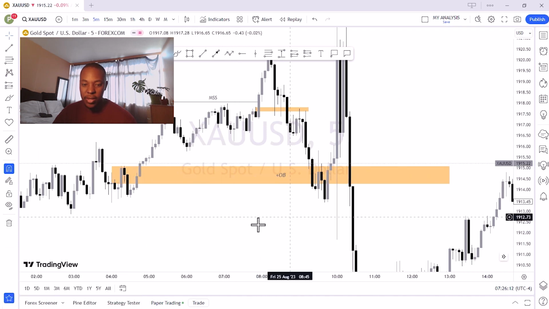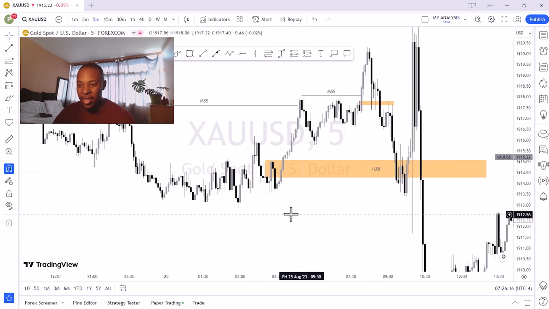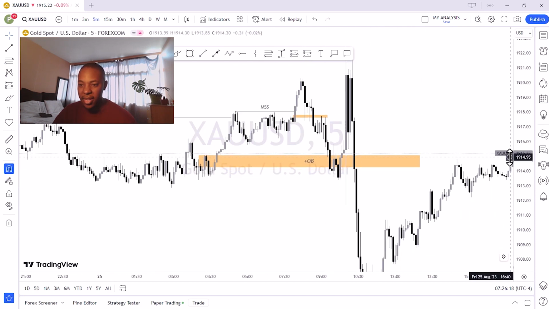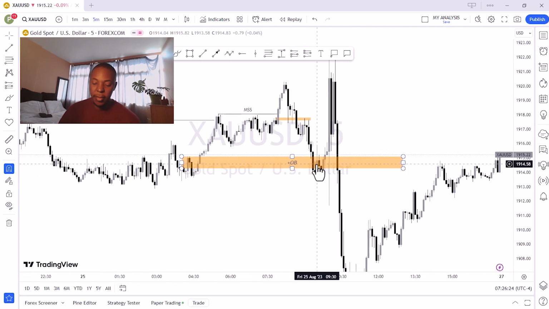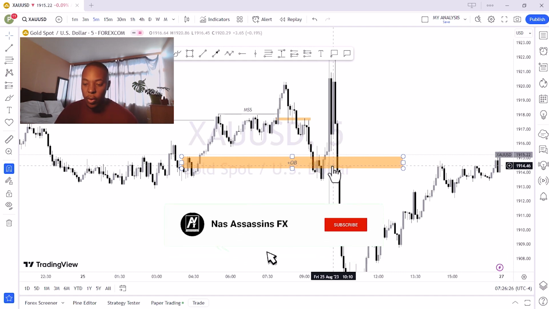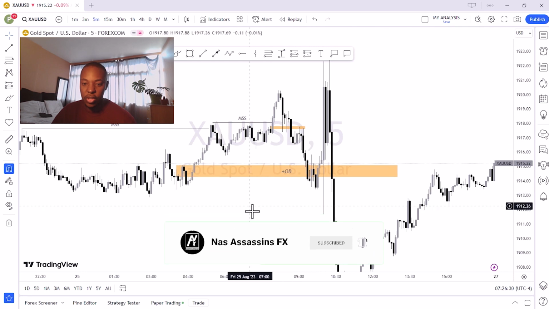As you can see, I also had that order block there, but I didn't take the trade because of the madness that was coming. I didn't want to be caught up in that whole event madness on gold, because I saw it was just going wild. So that was the third trade of the day, which was a losing trade.